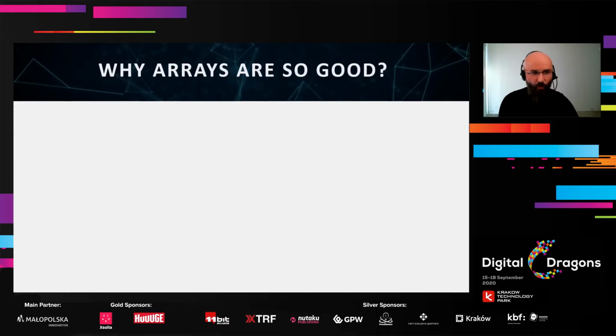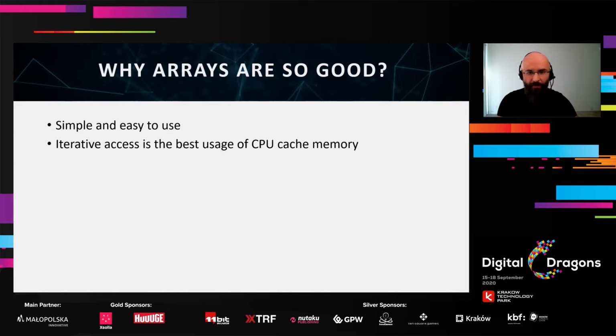Why are arrays so good? First of all, they are very simple and easy to use, with a straightforward implementation and interface. They also give something very important from the performance point of view.